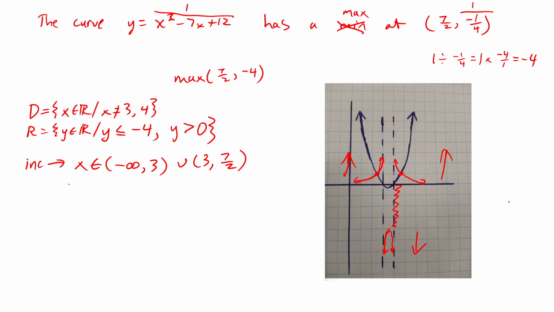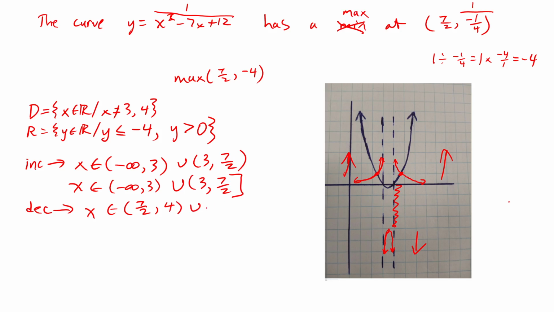Now we can put a round bracket on the 7 halves because your textbook accepts that, but personally I think there should be a square bracket on there because, based on the definition of increasing and decreasing intervals, the 7/2 is actually part of the increasing interval. And similarly, I think it's actually part of the decreasing interval, although your textbook seems to think otherwise.